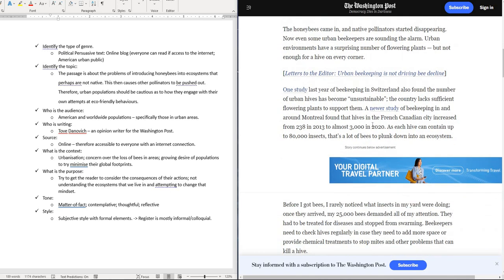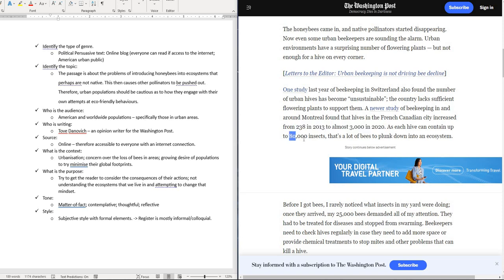Here's some more contextualization. In Montreal, in 2013, we went from 238 beehives to 3,000 in 2020. I'm not a stats person. If you're into math, you can rephrase that in terms of a ratio, but I'm pretty sure that that is a phenomenal growth.